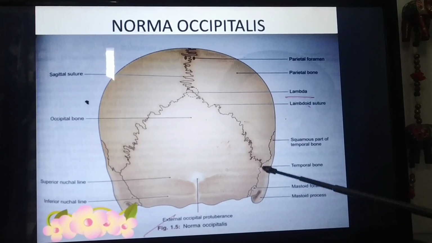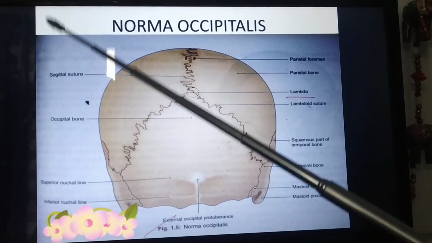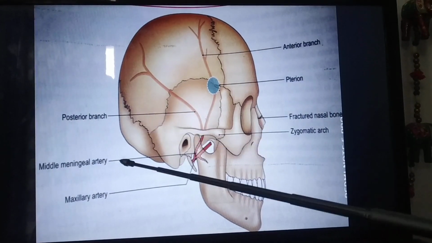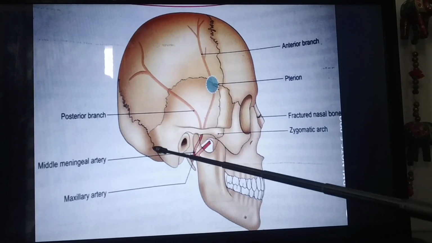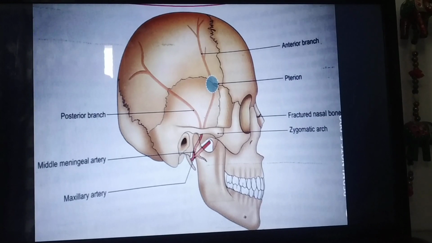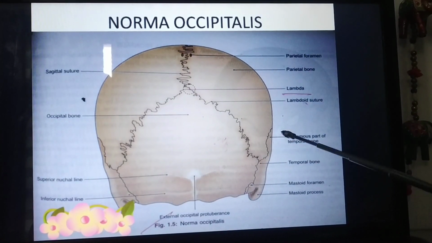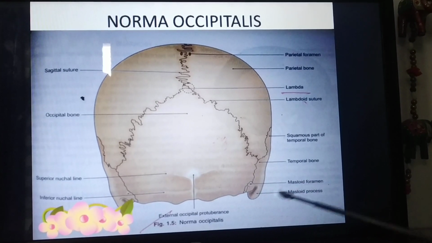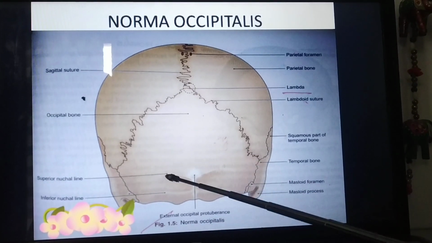This is the squamous part of the temporal bone that we have seen in the previous slide. This is the squamous part. When I turn this out, I'm going to see this part. So this is the squamous part. If we see this part, this is the mastoid part. Now see, this is the squamous part of the temporal bone. This is the mastoid part of the temporal bone, and this is the mastoid process, which I am going to see over here. There are two lines.